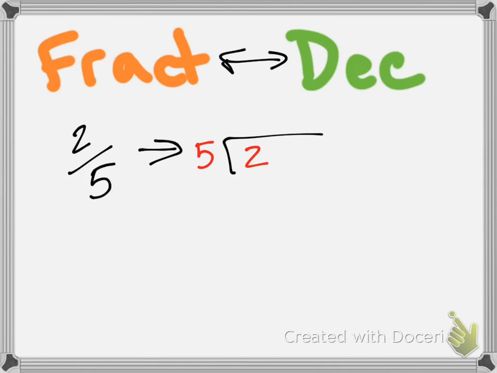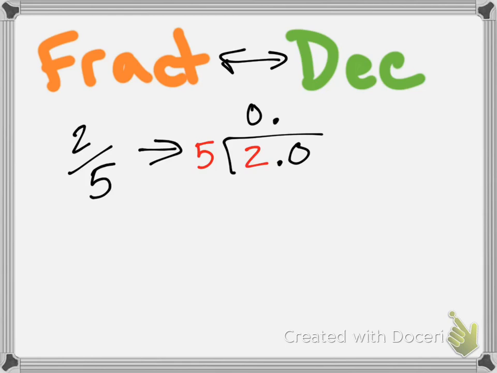Now, how many times does 5 go into 2? If I have 2 pairs of pants and I have 5 people, how many times does it go in? It goes in 0 times into 2. So then we have to put our decimal, just like we did before. It goes in 0 times, so we have a 0 point, 0.0.